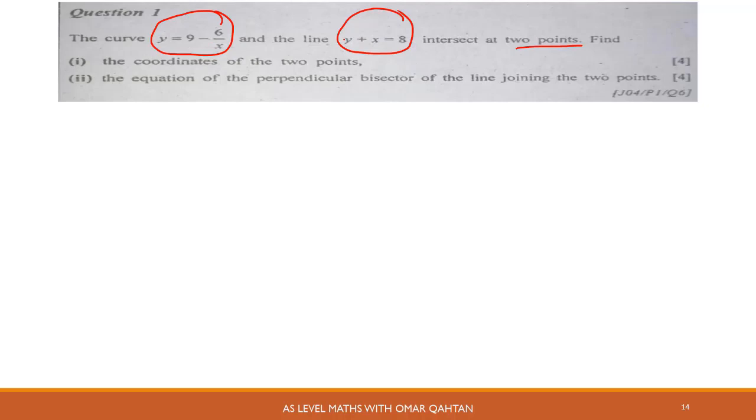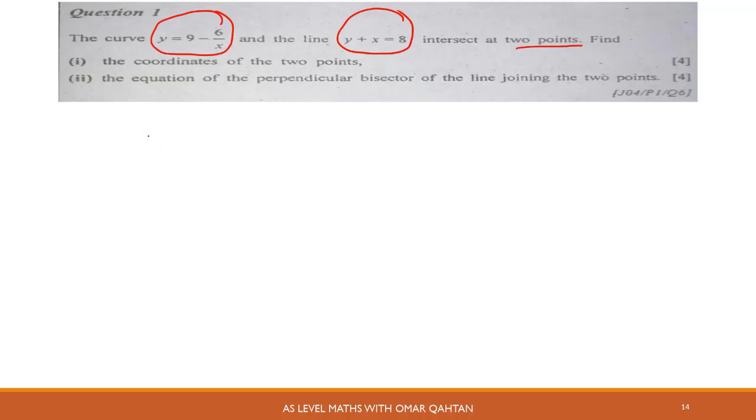We know the method: we just substitute them equal to each other, or find the value of y from one equation and substitute it back into the other equation. That's how we do it. It's pretty simple. So I'm going to just equate these two equations.